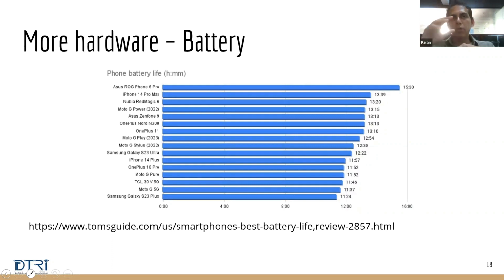So that's a hardware aspect. Let's say Motorola thinks, okay, my phone has lower battery life, then it's a problem which Motorola has to think about, saying, okay, my competitor with the same lithium ion battery and 5000 milliampere battery is able to run for, let's say, an hour more than me. That means I have to do something about it, right?